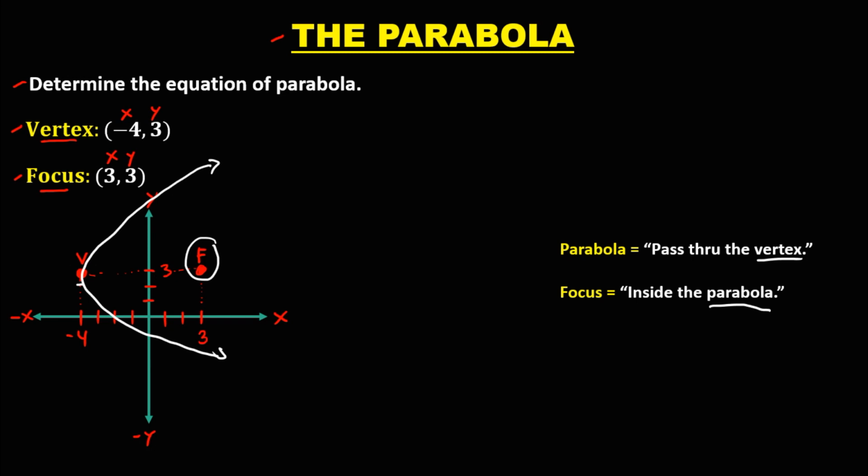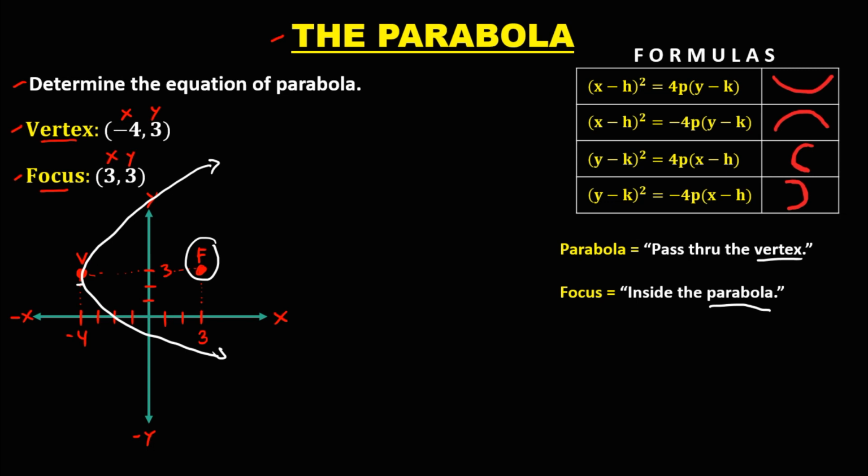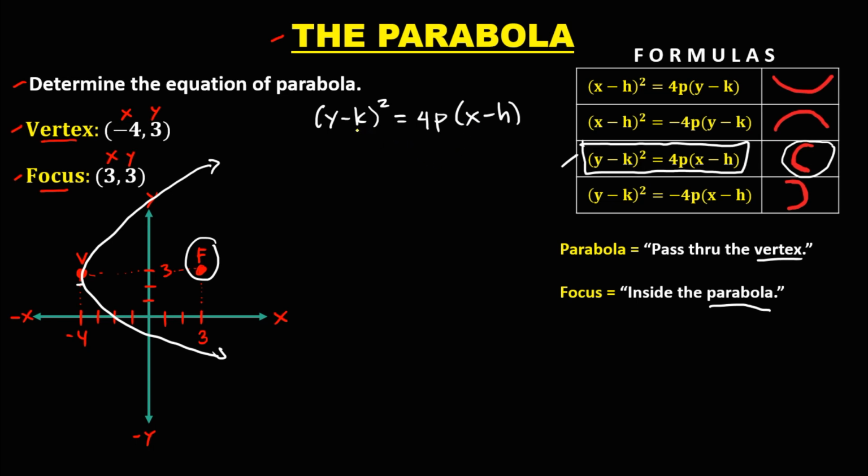Then to find now the formula for the standard equation, since this parabola opens to the right, this is now the formula for the standard equation of this parabola. So we have (y minus k) quantity squared equals 4 times p, then times (x minus h). But first, we need to find the values for k, p, and h.